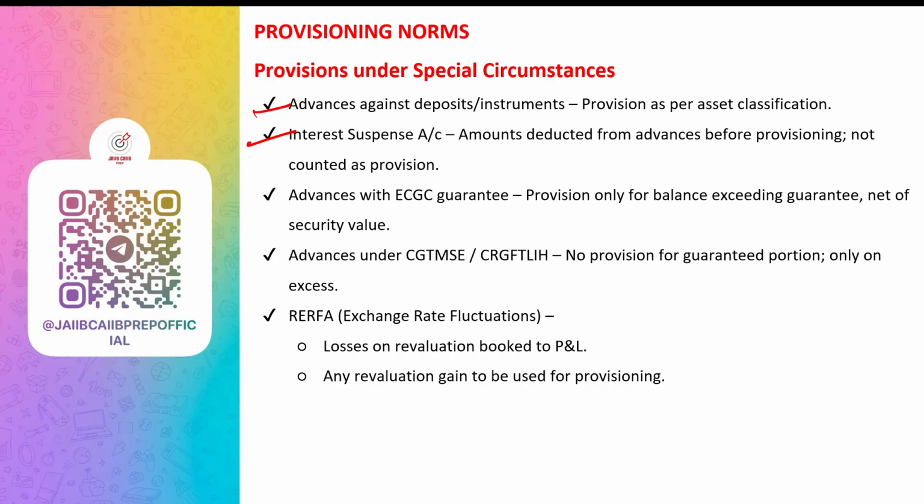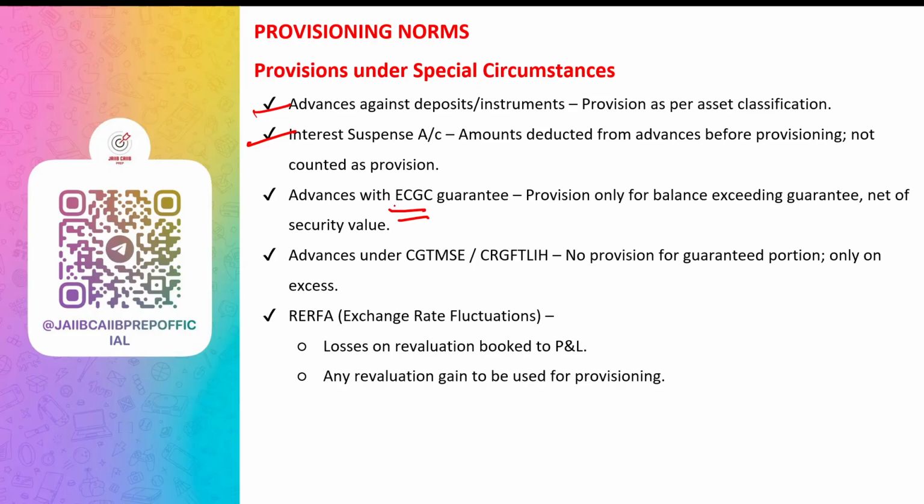Advances covered by ECGC guarantee, Export Credit Guarantee Corporation. So ECGC provides insurance cover to banks on export loans. If such a loan becomes doubtful, the bank makes provision only on the amount not guaranteed by ECGC. Before provisioning, the bank should deduct the realizable value of securities.